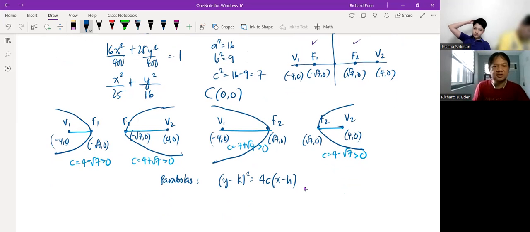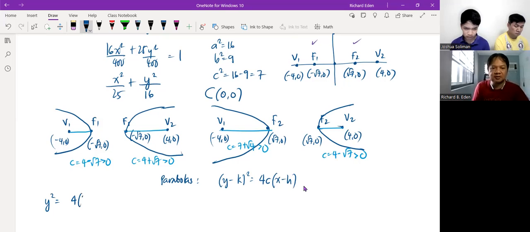So first answer, we're just going to have to use as our vertex the focus. So we have y squared equals, for the first case, it's opening to the left. So when I write down 4 times 4 minus square root of 7, so far this is positive, so I need to put a negative symbol.